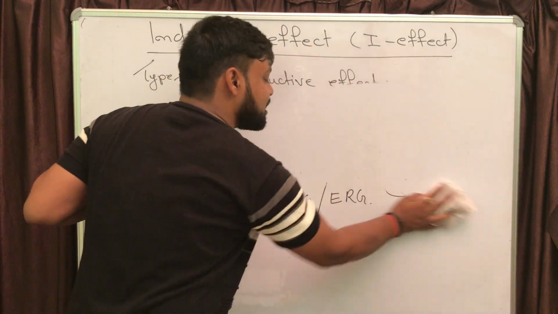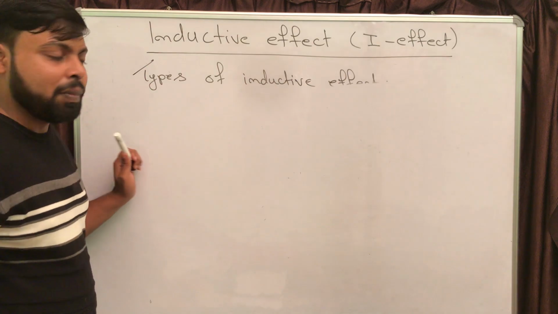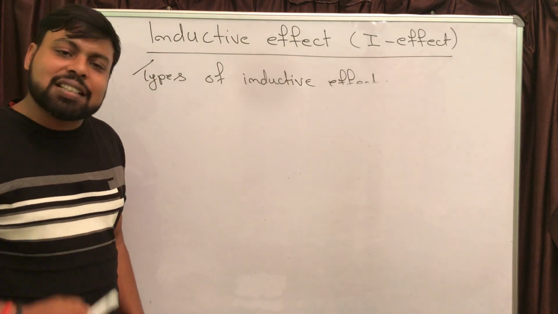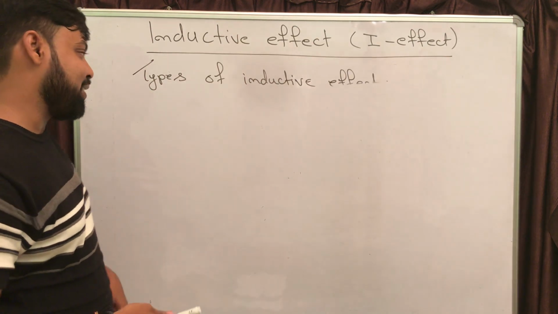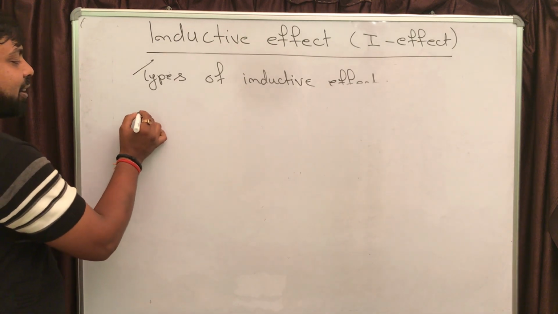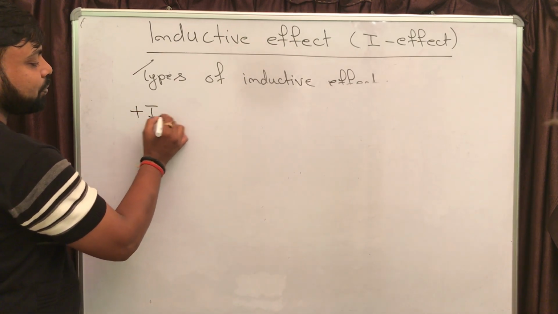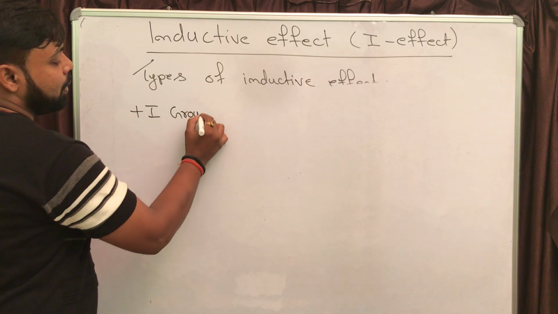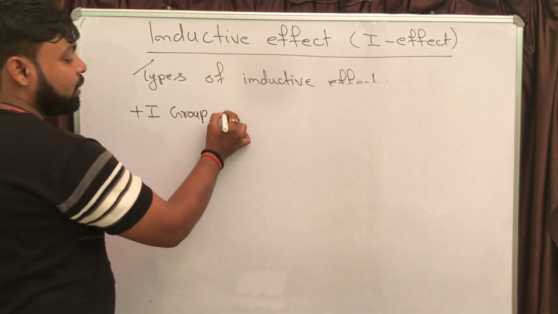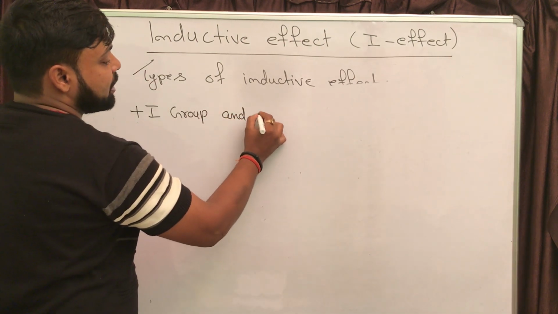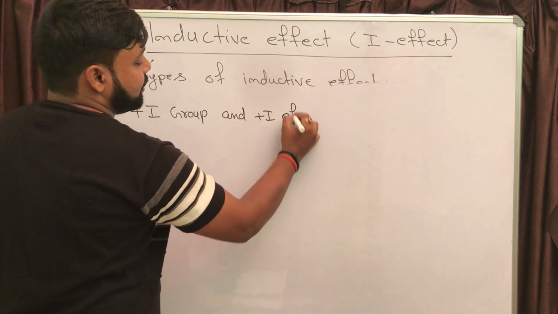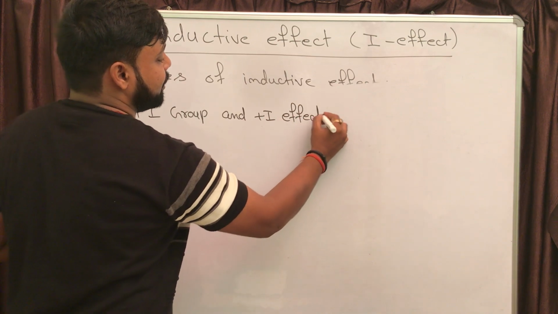One is plus I effect or plus I group. Second one is minus I effect and minus I group. So first we are going to write plus I group and plus I effect, right?